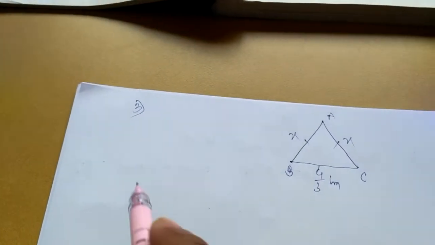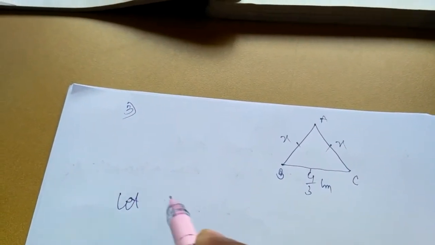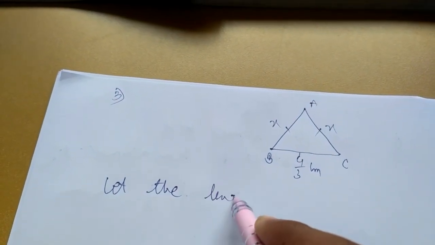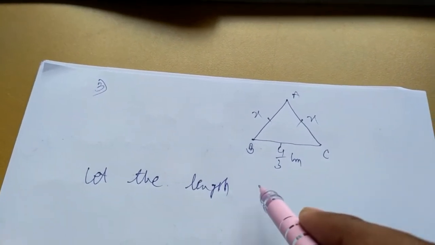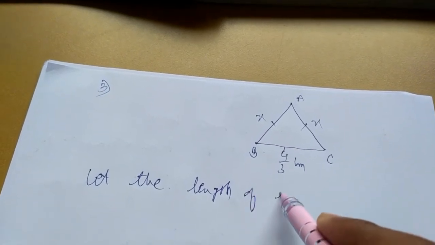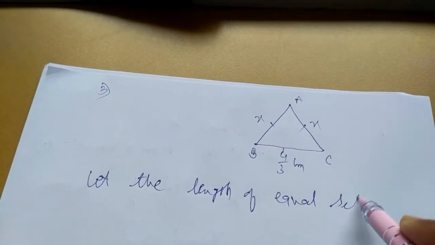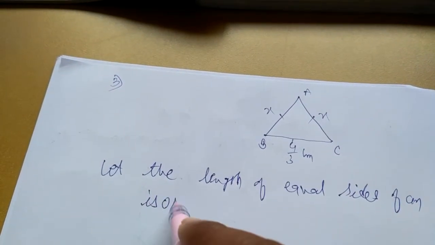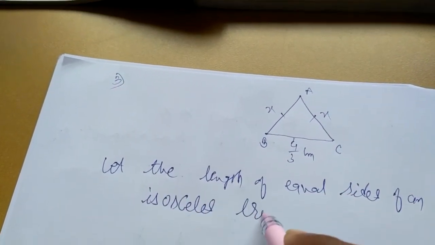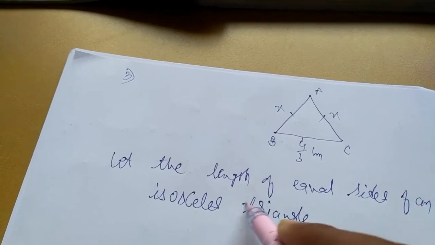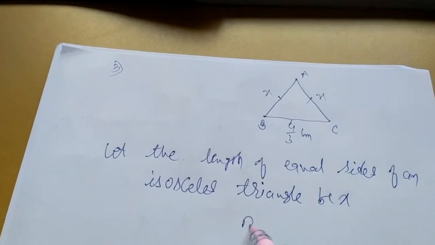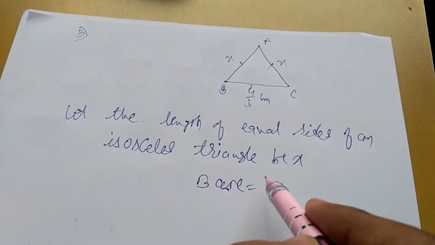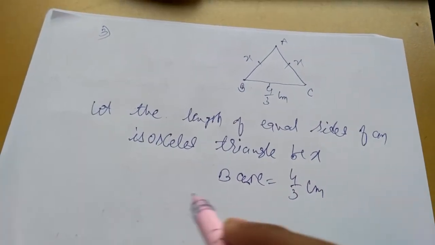So now write: let the length of equal sides of the isosceles triangle be x. Then base equals 4/3 centimeter.